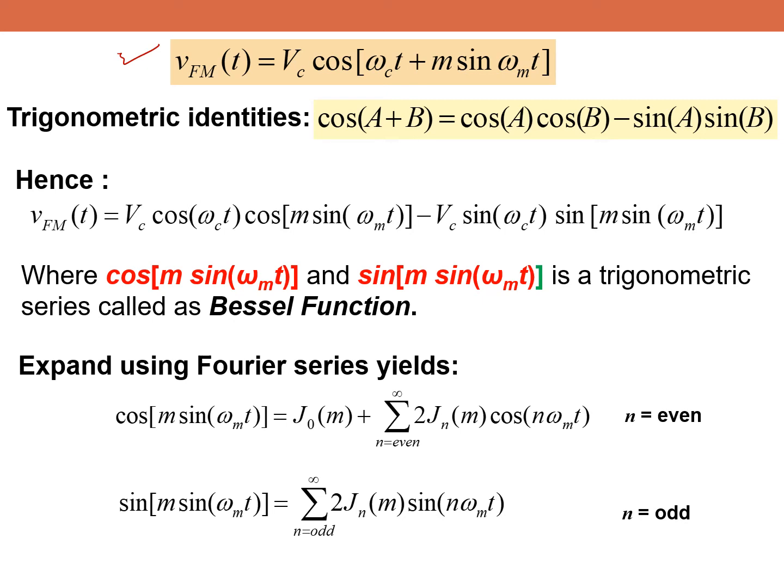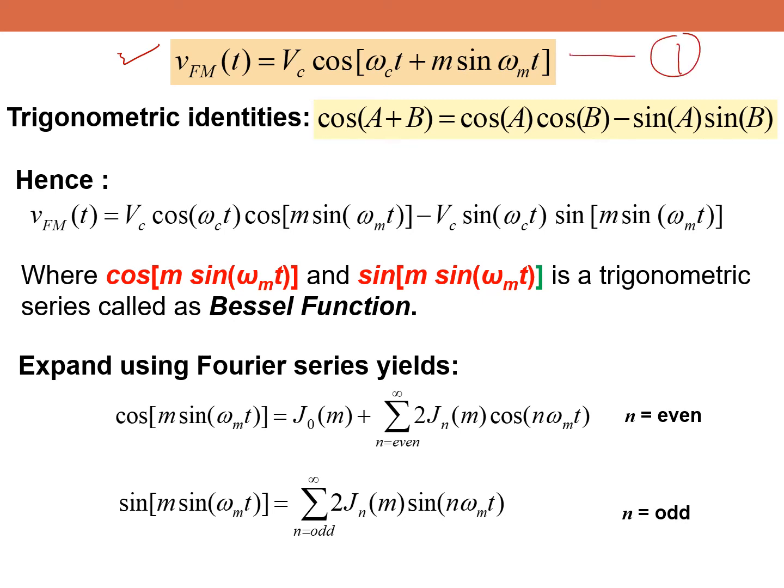By using the trigonometric identity, cos(A plus B) equals cos A cos B minus sin A sin B. So first of all, we need to partition the first equation.